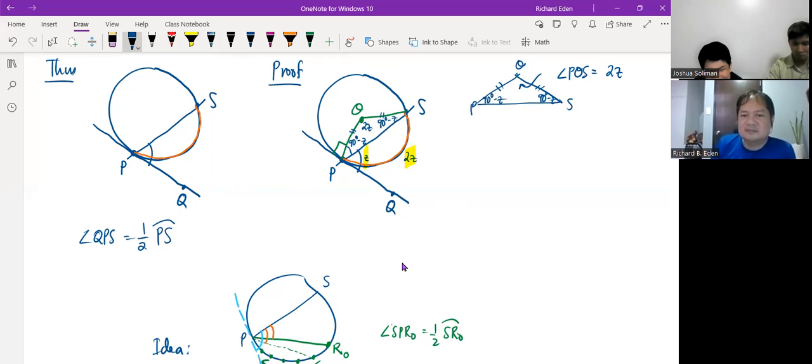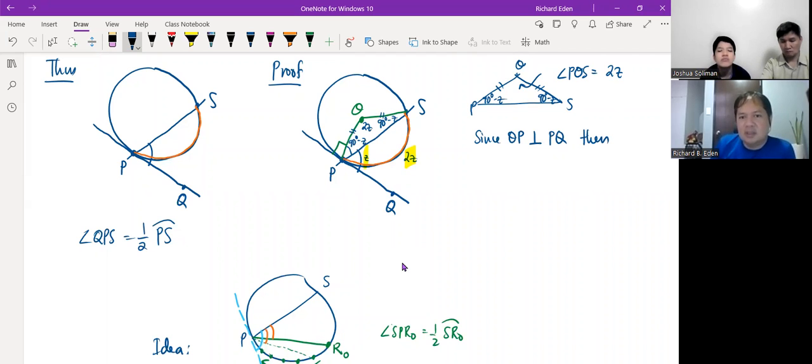But since OP is perpendicular to PQ, then angle OPS is 90 degrees minus angle SPQ or QPS.